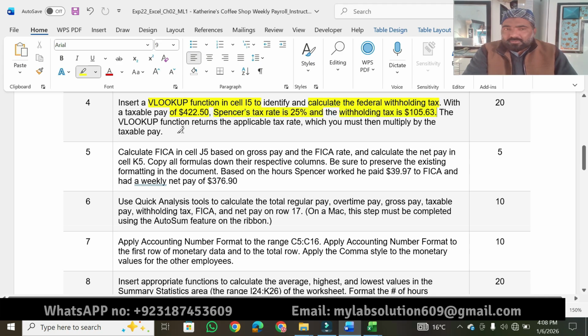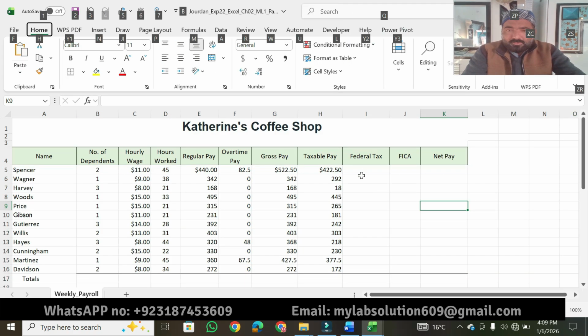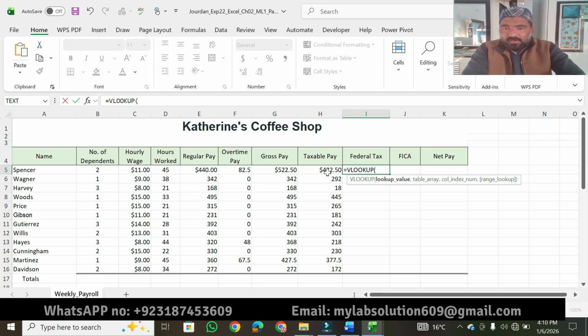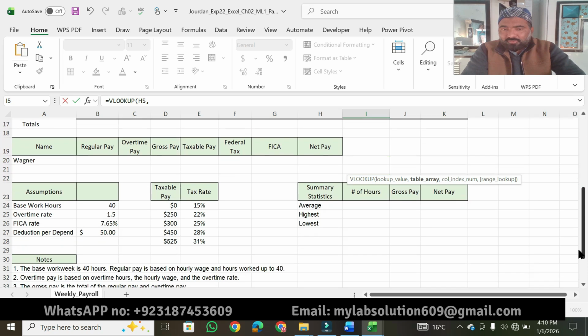The VLOOKUP function returns the applicable tax rate, which must then be multiplied by the taxable pay. So we use the VLOOKUP function there, then H5, then the table range that we will use is this one.